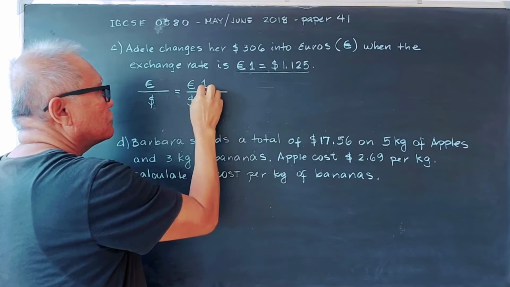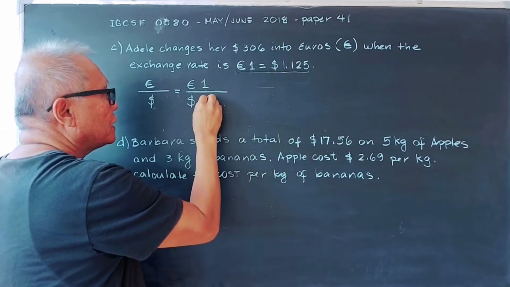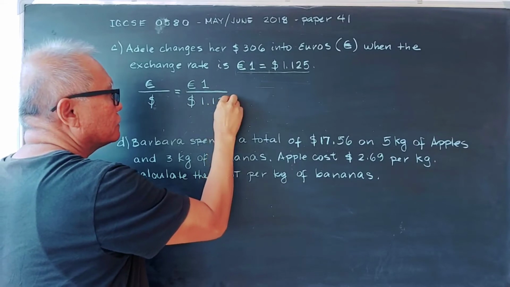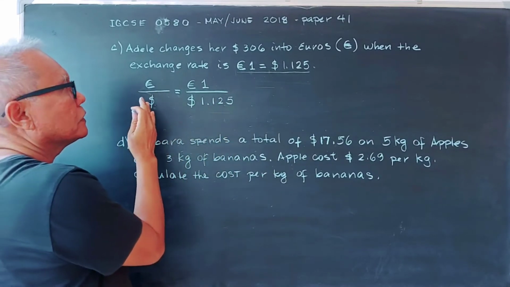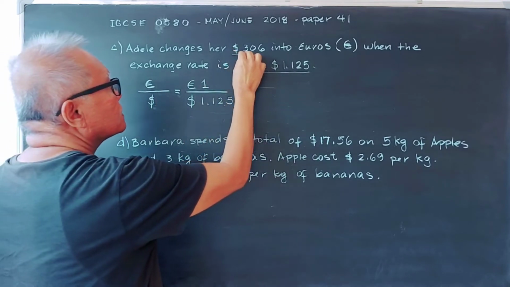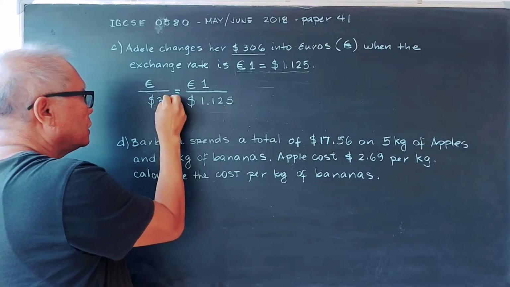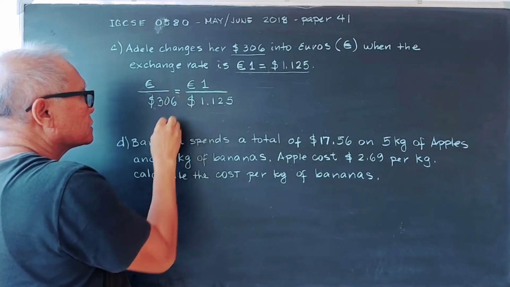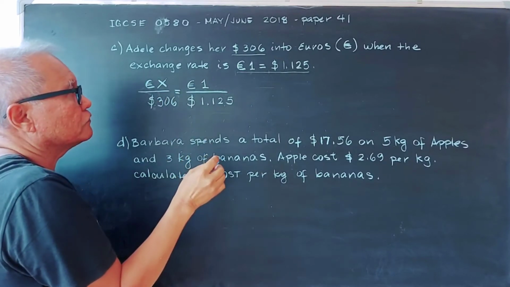This one will have the 1 euro. The dollar will have the 1.125. The given will be here on the left, in which we have the $306. We put that one down here with 306, and the euro is the one that is going to be solved.